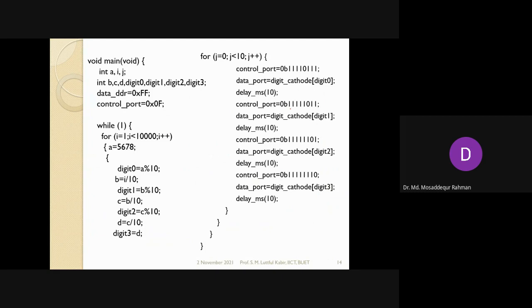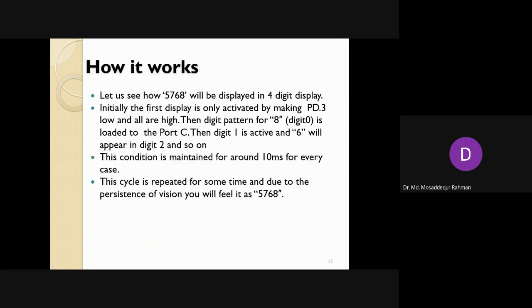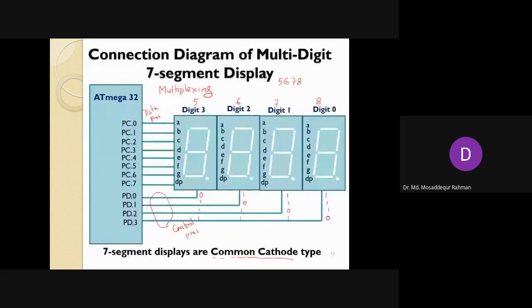Okay, so here you have the program. It's a little bit long program. The first part is just defining how they are connected. Port C, I said, is the data pins, so we are sending the codes or the data to the display board, and port D is connected to the four control pins.